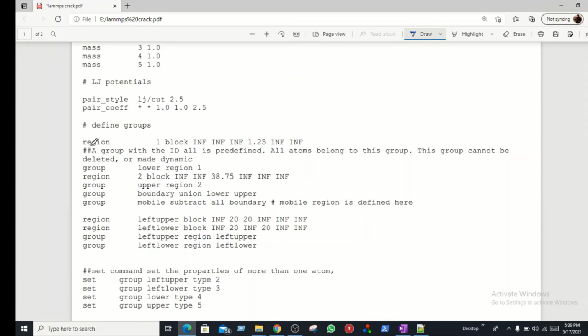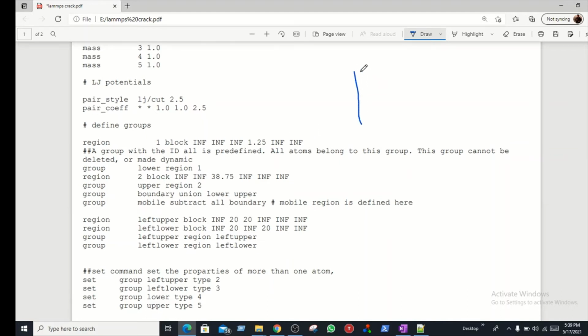Okay. Here we are again declaring a region number 1 block, and the limit of region 1 is, on the x-axis, infinity to infinity, on the y-axis, infinity to 1.25, and on the z-axis, infinity to infinity.